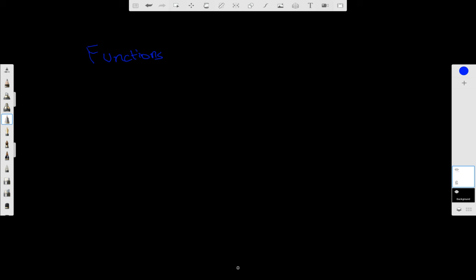There are a lot of parts to function. And as I said before, remember the mapping diagram, domain, and remember range. Definitely remember range.